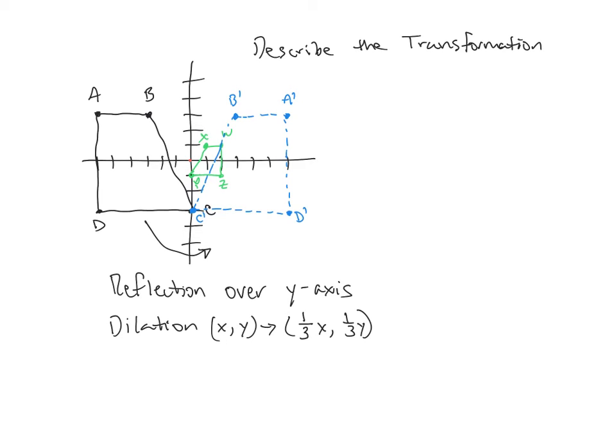Well, that point is 1, 1. I would go to the right 1 and then up 1. And what's point B? This is point X. Point B is 3, 3. I go over 1, up 1, over 1, up 1 again, over 1, up 1 again. I had to go over 1, up 1 three times.